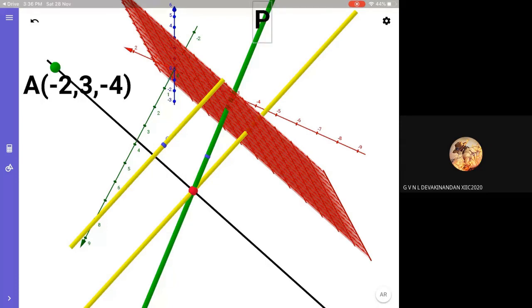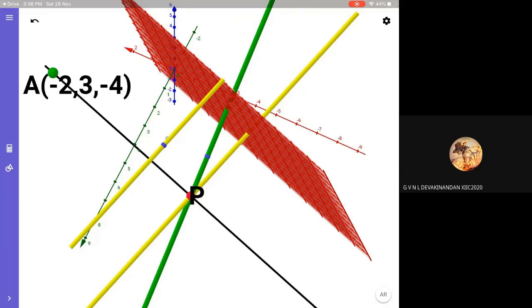Now, if this variable point becomes this red color point P, you have to create an extra condition on this P. So how will you apply that this P is the required point? For that, you have to apply the given condition. What is the condition given in the question? AP is parallel to the plane.